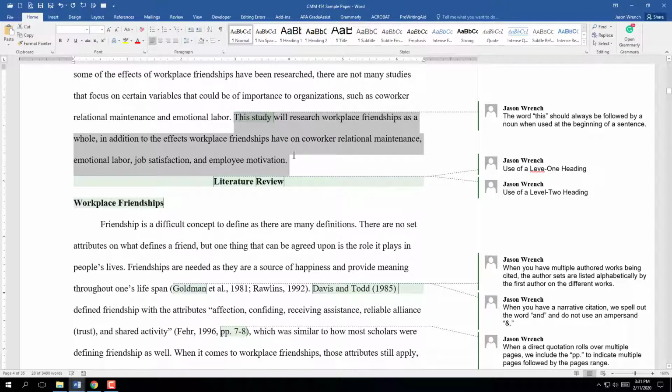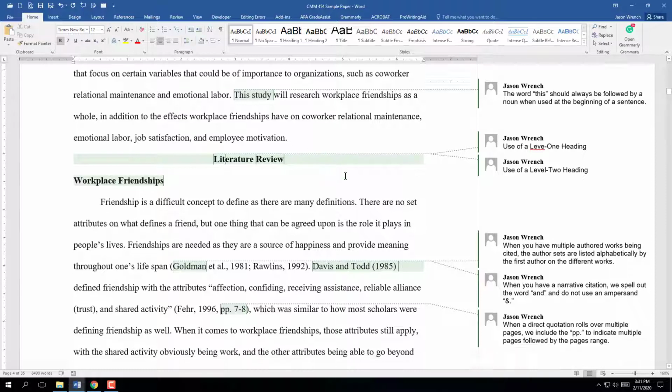So right there, we have a preview of what is going to get covered in this literature review. We're going to expect to see sections on workplace friendships, which, if you see right here, is the first section. I'm also going to expect to see sections on coworker relational maintenance, emotional labor, and then job satisfaction and employee motivation. So it's previewed what's actually expected to be seen.